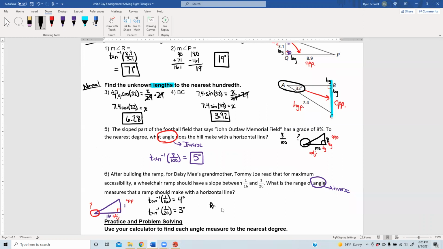So the range is from 3 degrees to 4 degrees. That's the angle it should make, 3 degrees to 4 degrees.